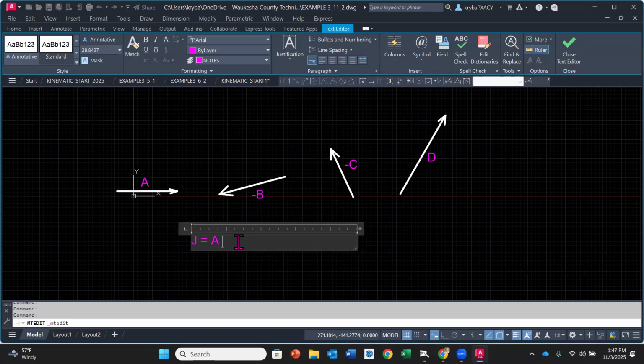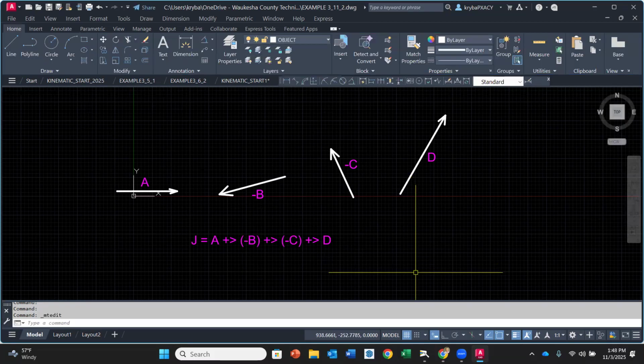J is equal to A plus vectorially, parentheses negative B, and then plus vectorially negative C, and then plus vectorially D. So now we're going to do tip to tail after we've changed the directions to be their negative equivalent for B and C. And then we do it exactly the way we did before.